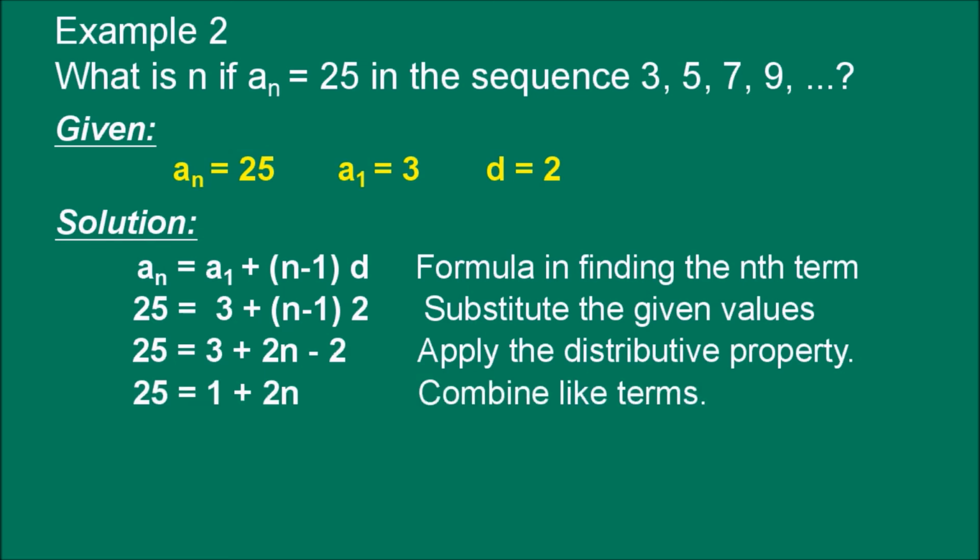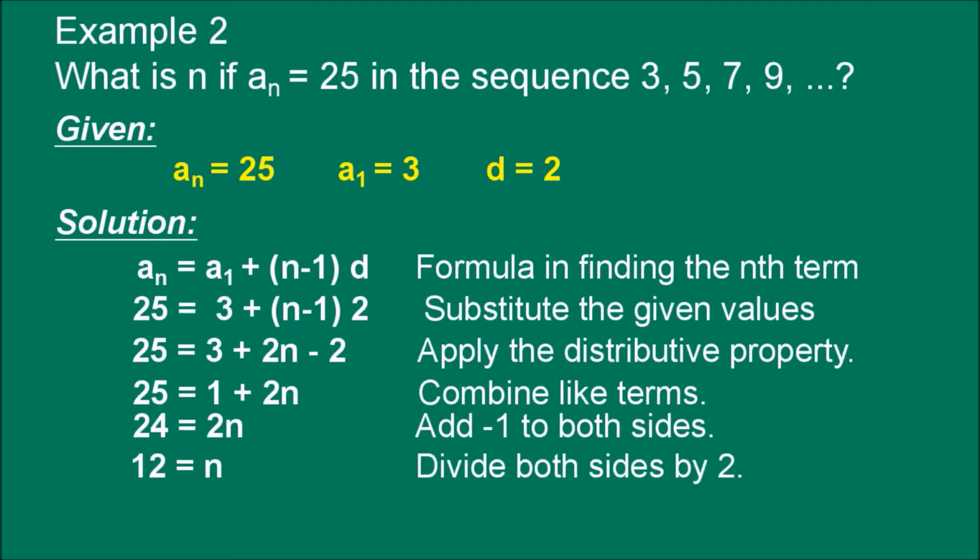Next is combine like terms. 3 minus 2 is equal to 1, so it will become 25 is equal to 1 plus 2n. Next is add negative 1 to both sides. So 25 minus 1 is equal to 24, and 1 plus 2n minus 1 is equal to 2n.